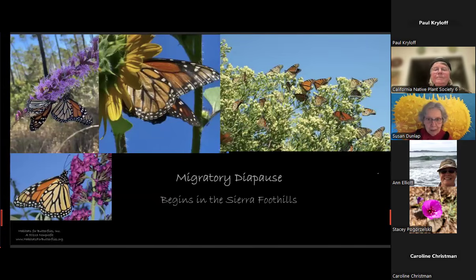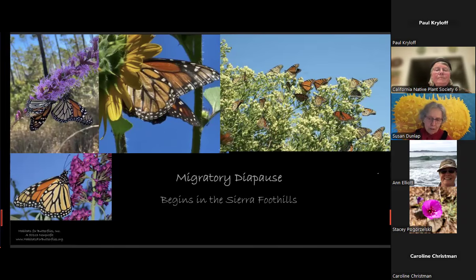Then in late August, early September, monarchs shift from being very, very active and reproducing en masse to being overwhelmed by the instinct to return home. So diapause actually begins in the Sierra foothills, migratory diapause.